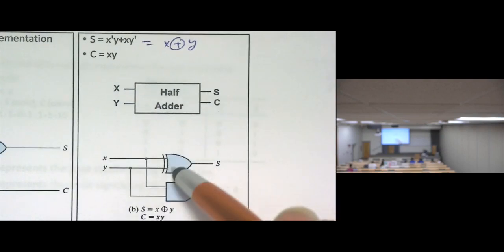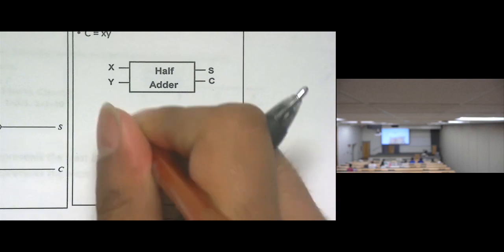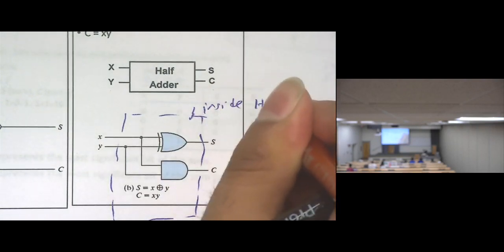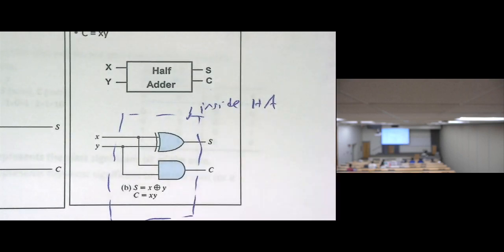So we have this representation using exclusive OR. This is what's inside the box, inside the half adder. I will denote the half adder by HA: H for half, A for adder.